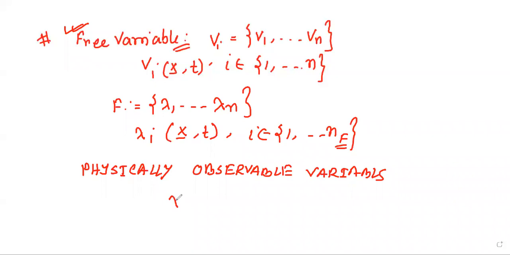The evolution equation of this free variable, denoted by lambda i dot, which represents the time derivative of lambda, delta lambda i over delta t, has no restriction on it. It can be of any form. There is no fundamental restriction on it.